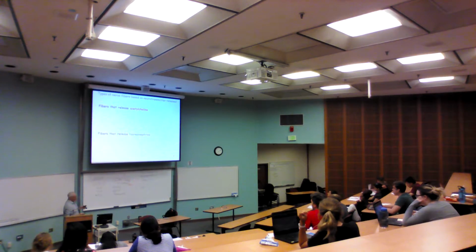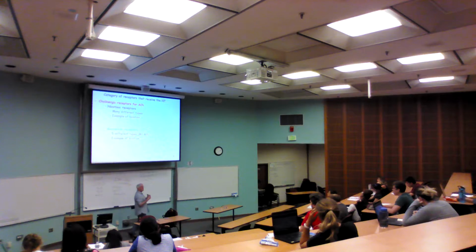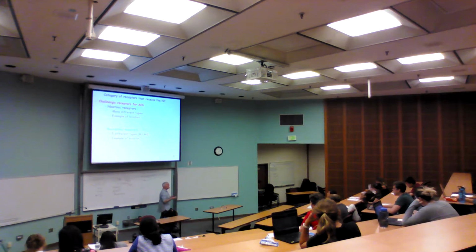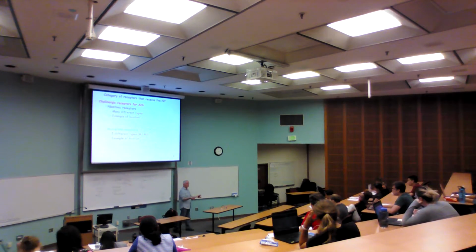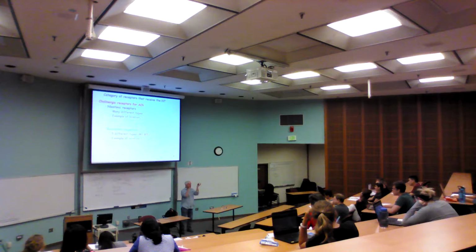Now, if they're releasing acetylcholine, then there's going to be a family of receptors known as cholinergic receptors, because acetylcholine is a cholinergic neurotransmitter. So I need catchers for my cholinergic neurotransmitter.